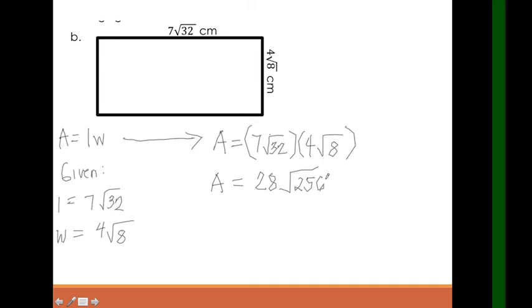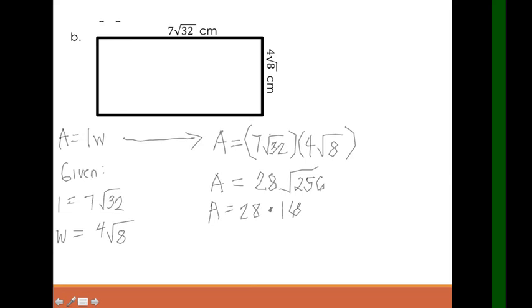What is the square root? Does 256 have a square root? Would you like to try it on your calculator to get the square root of 256? Did you get it? Right. So therefore, A is equal to 28, and the square root of 256 is 16.